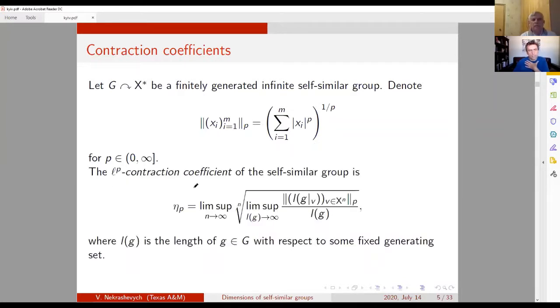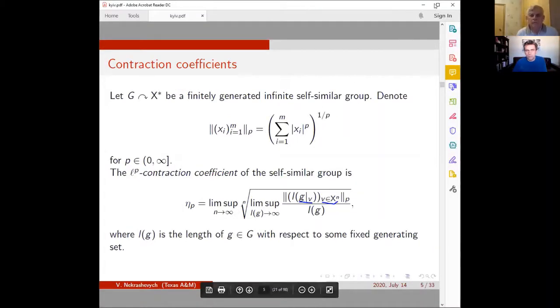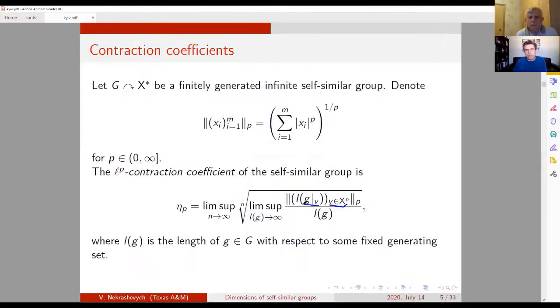And so the Lp contraction coefficient of the self-similar group is this number. Let me explain what it is. So you take all words of length n, take these what we call sections. So take the action on the tails for group elements, and then you'll get a vector of dimension size of X to the power n.